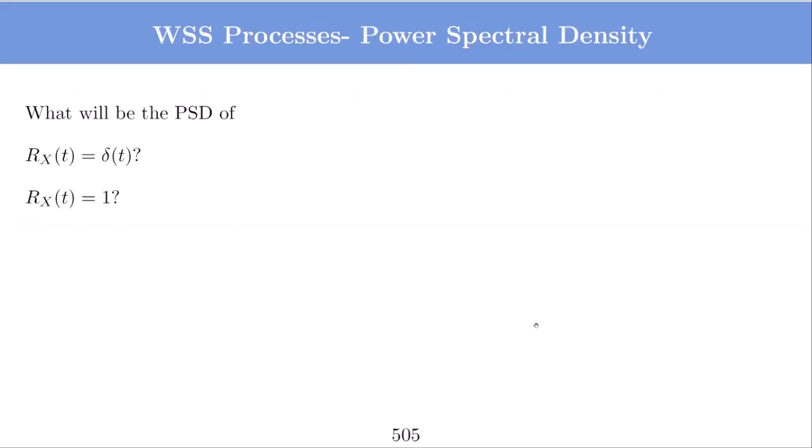There may be other signals that exist, but overall the signal is not changing on average, and you are getting a DC component. The same interpretation we also got when we tried to interpret this autocorrelation. Rx(t) equal to 1 means the signal is highly correlated everywhere. So from one value you can guess the other value. It means they are either the same, or there is a direct relation where you can calculate it.